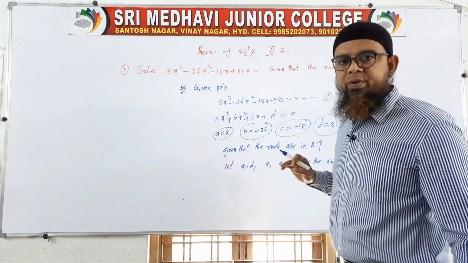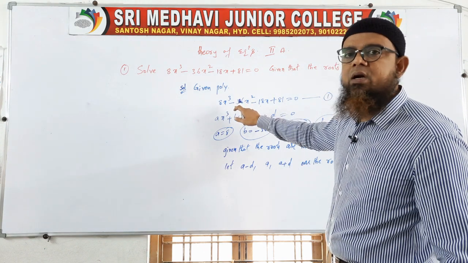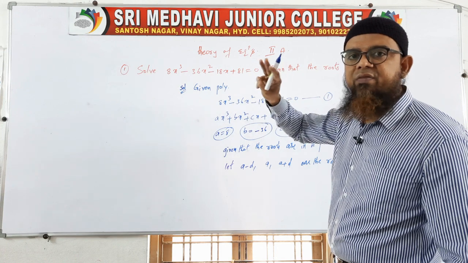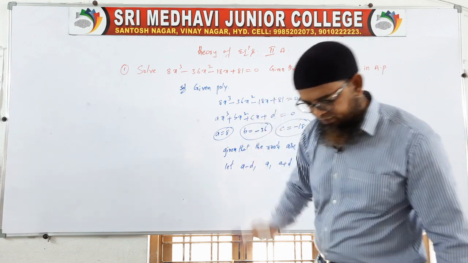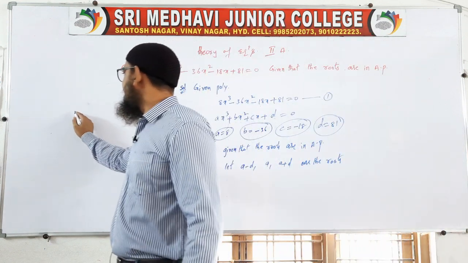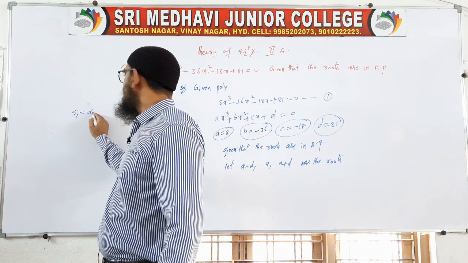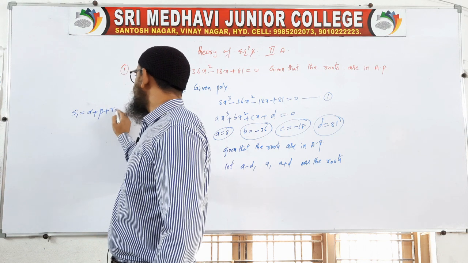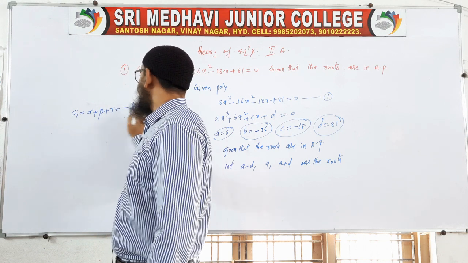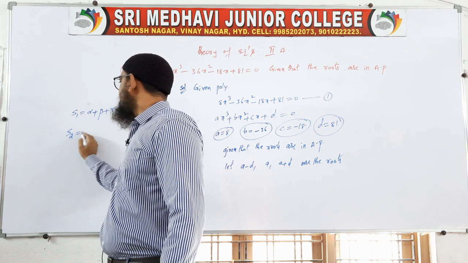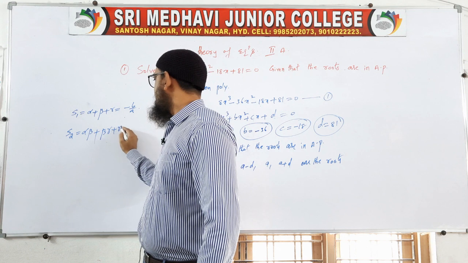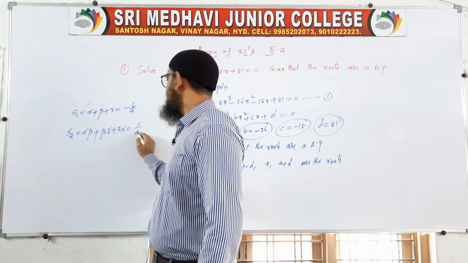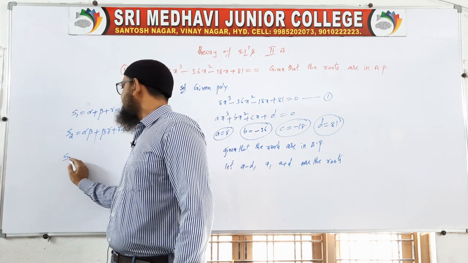As we know previously, whenever a cubic polynomial comes, we are having 3 formulas, S1, S2, S3. If you forgot that, I am writing on the board here, you just check it. S1 formula is alpha plus beta plus gamma is equal to minus b by a. S2 formula is alpha beta plus beta gamma plus gamma alpha is equal to c by a.